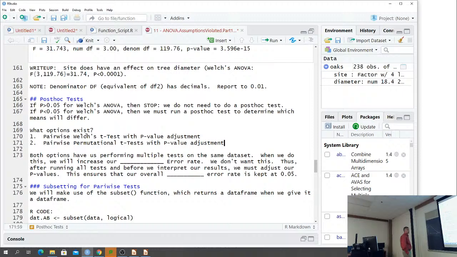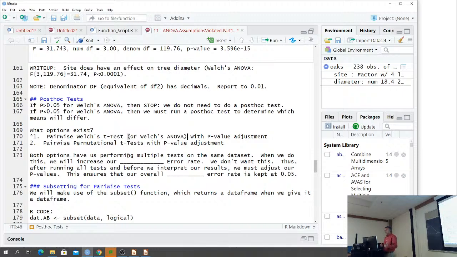So we got two. My recommendation, I'm going to put an asterisk at this point, is to run pairwise Welch's t-test. And just again, remember that a t-test is like a special case of an Anova.